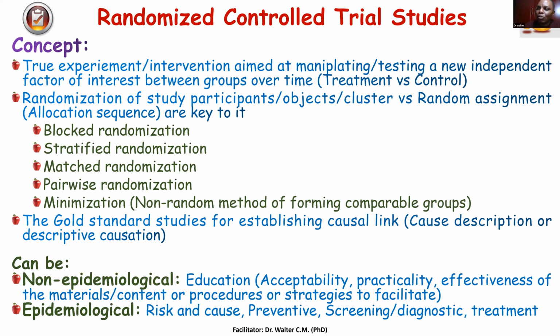For instance, you have three treatment arms: treatment A, treatment B, and treatment C. So you see, in treatment A there are more participants than in treatment B and C. So what you do, the other participants who are coming to be recruited, you add them to the group where there are few. You see, so this is called minimization randomization, and these are the types of randomization in the randomized controlled trial.